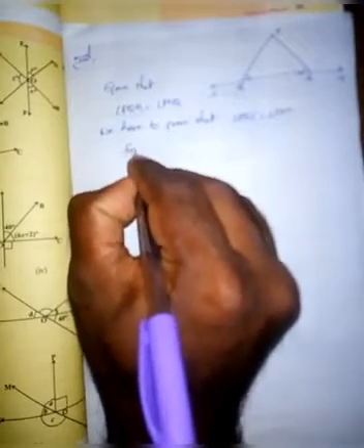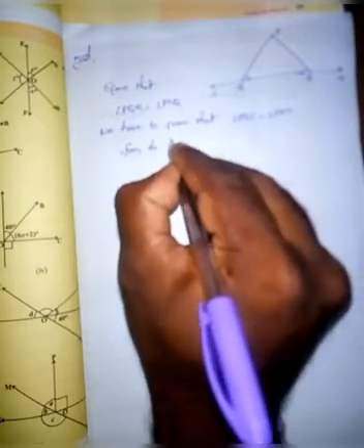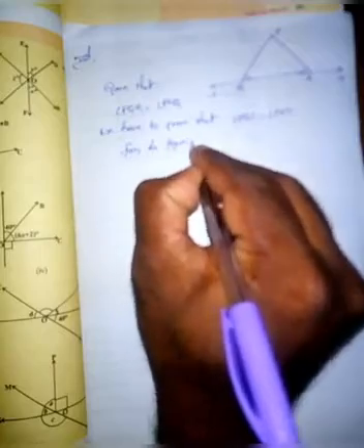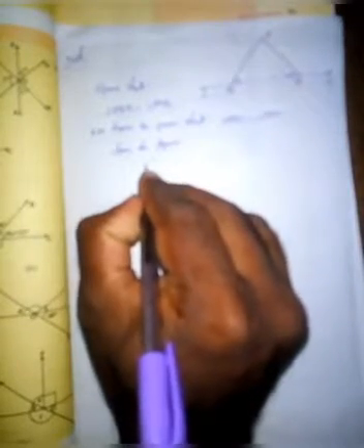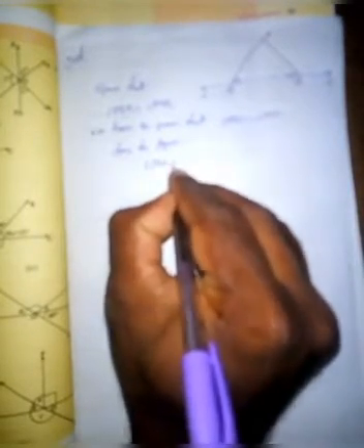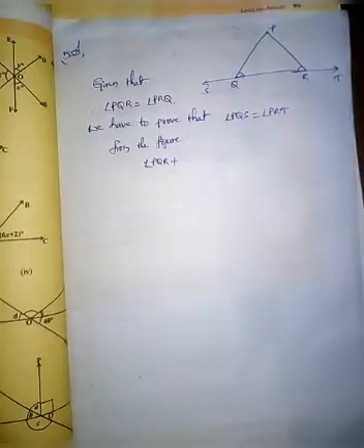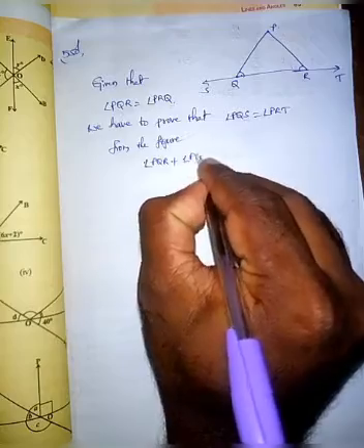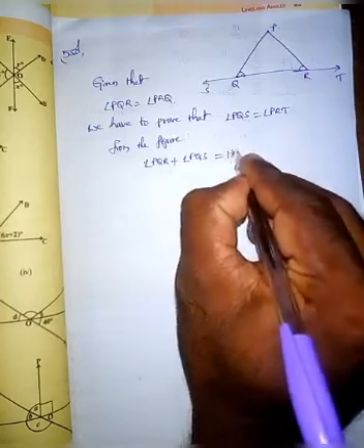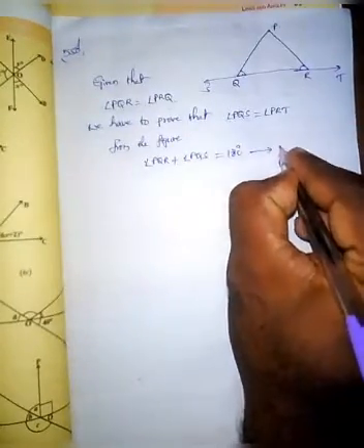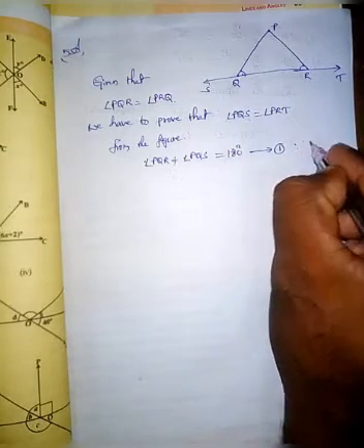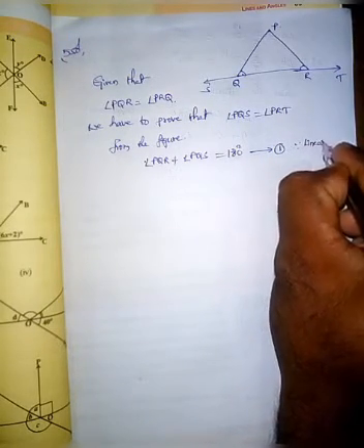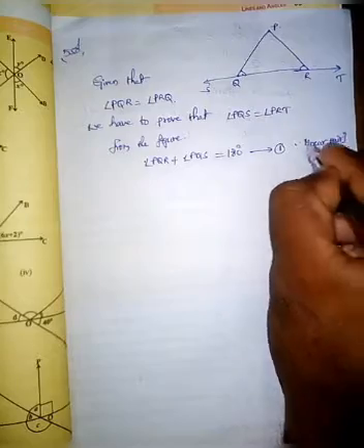From the figure, angle PQR plus angle PQS is equal to 180 degrees, and name this equation as equation 1 because these two angles form a linear pair.